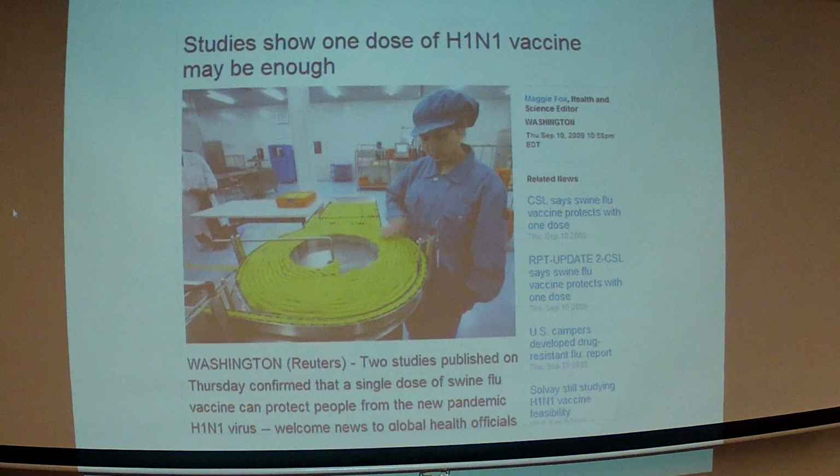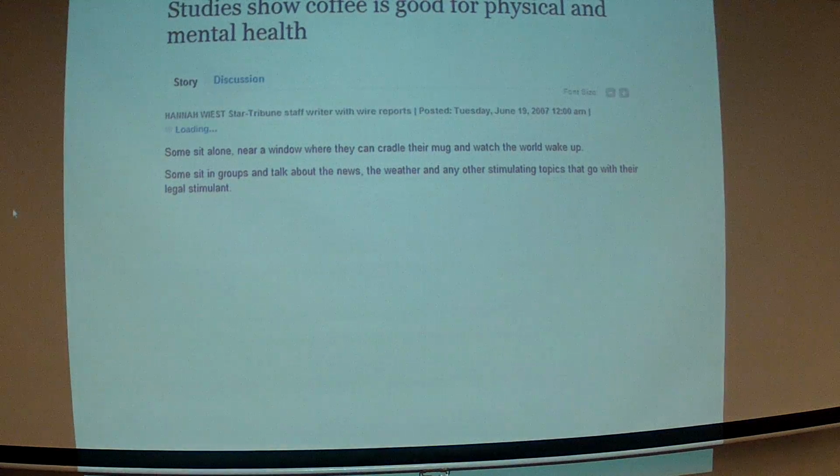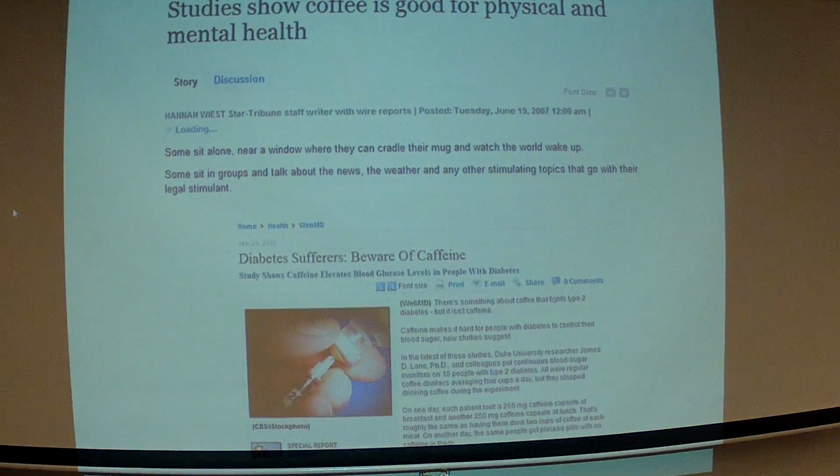It's interesting. "Studies show coffee is good for physical and mental health." I agree. Yes. "But if you have diabetes, beware of caffeine." Somehow, when you look at those headlines, they almost appear to be contradicting. Coffee's good, coffee's bad. I've been told coffee is now a health food. This is a complete change from 5 years ago, when caffeine and coffee were said to be diuretics and therefore not good for healthy reasons.